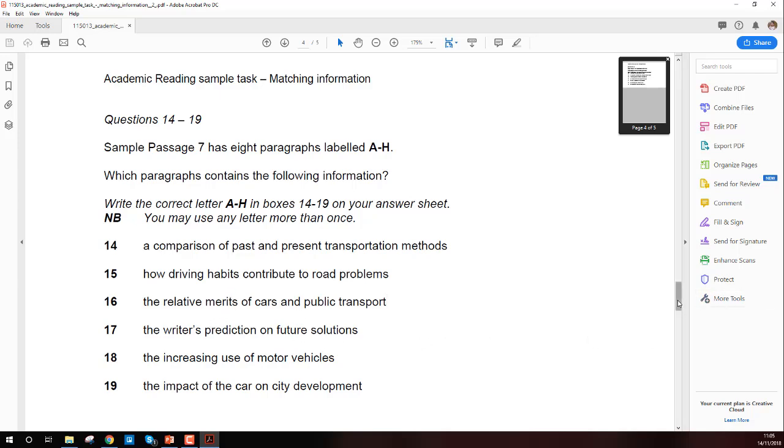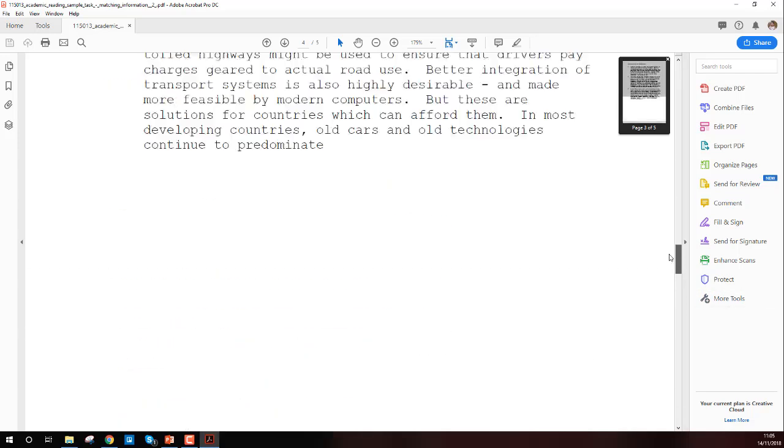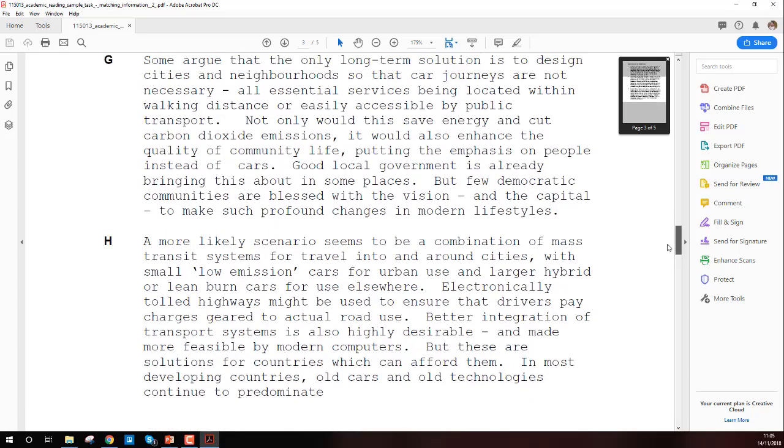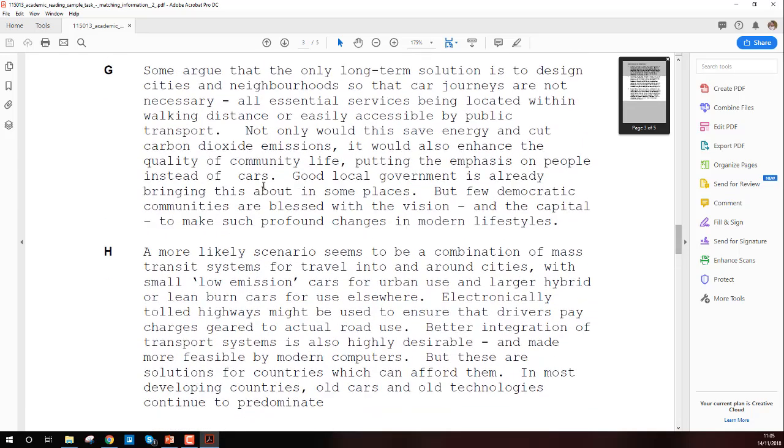17, prediction of future solutions. So normally when someone's talking about the future, it's going to be towards the end. And when we did skim, we noticed that there were some things about the future. Some argue that the only long-term solution is to design cities. More likely scenario seems to be a combination of math.